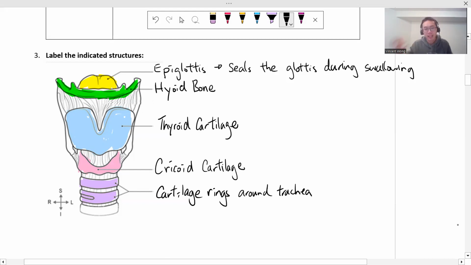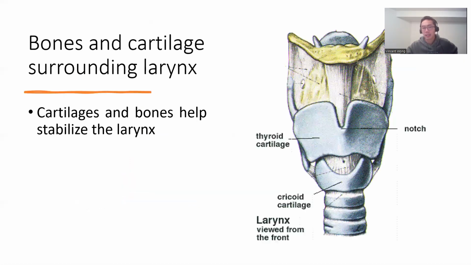The esophagus, right? That's right. So you don't want to clamp onto the esophagus and restrict swallowing as well, right? So these rings are not full circles. There are some gaps here and there. It's not uncommon. Okay, good, very observant. Let's go back to here.